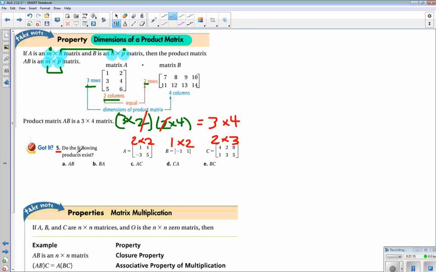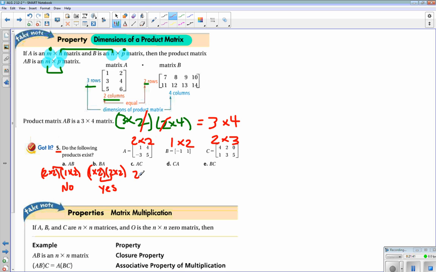And they have products if their inside items match. So A times B is a 2 by 2, and B is a 1 by 2. These guys do not match, so this is a no. B times A is 1 by 2 for B and 2 by 2 for A. These match, so this is a yes.